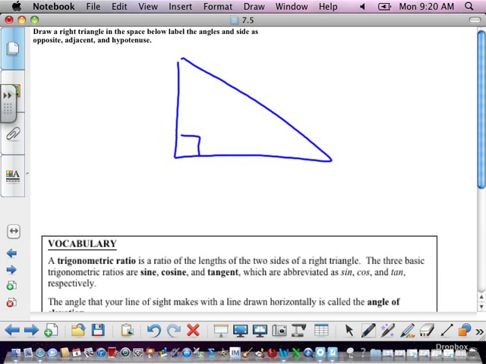Okay, I'm going to do an example on the board. It doesn't matter if yours is labeled different than mine. I'm going to label this angle A, this one B, and this one C, and I'm going to choose C. Okay, well, the hypotenuse is easy. It should be the same for everybody. It's across from your 90-degree angle.